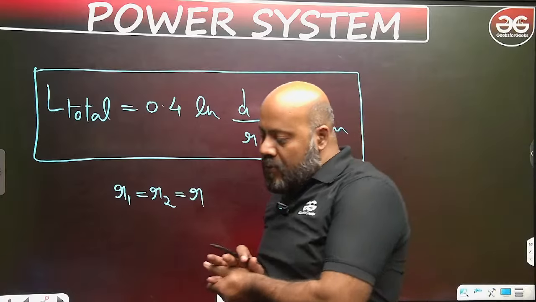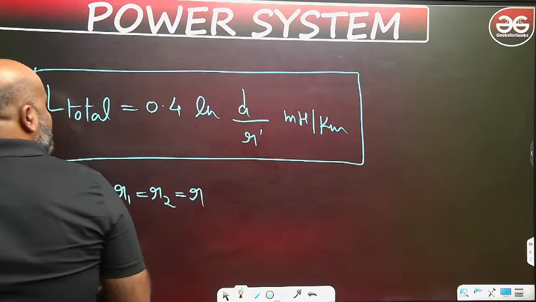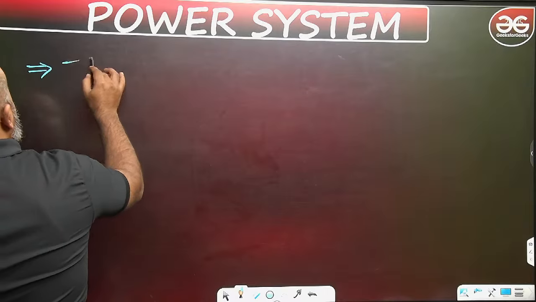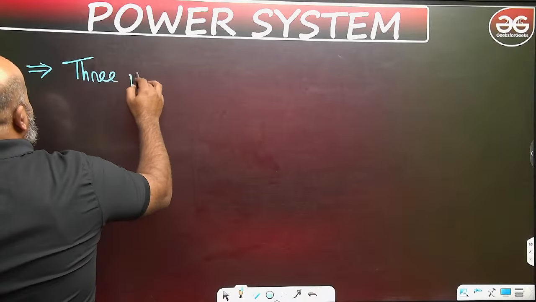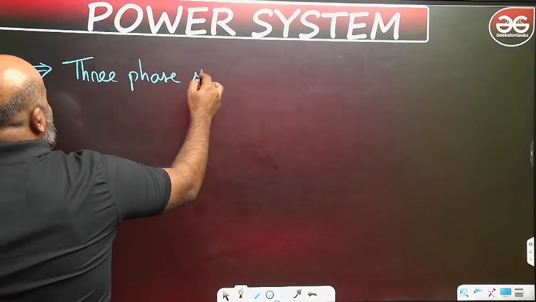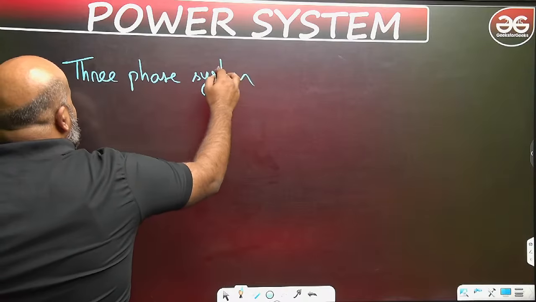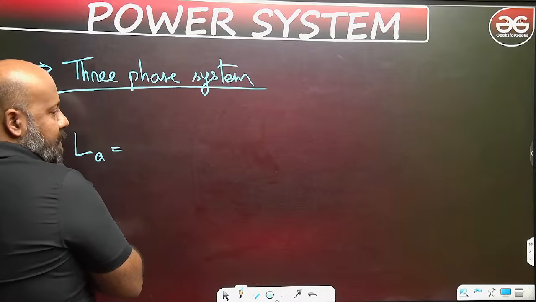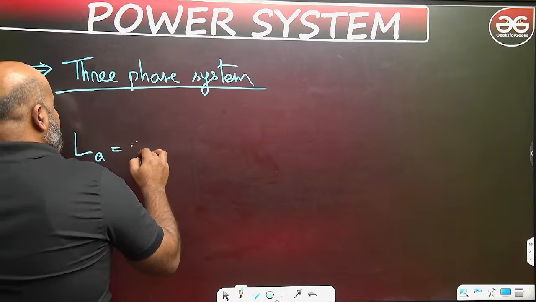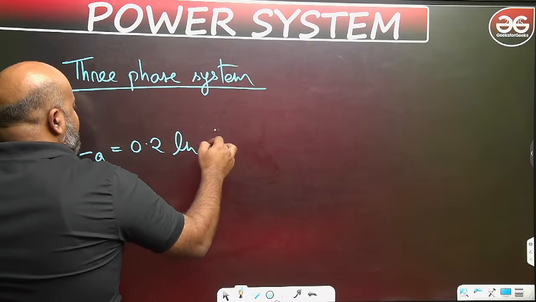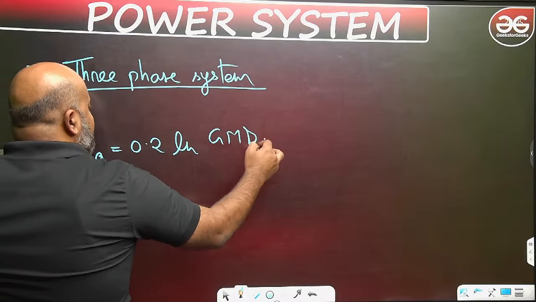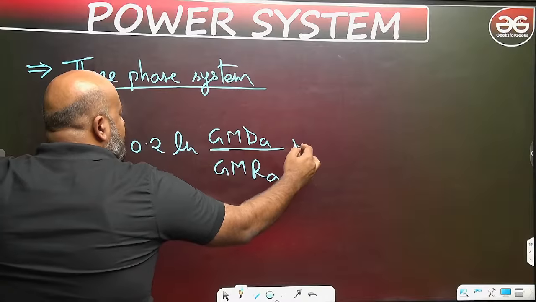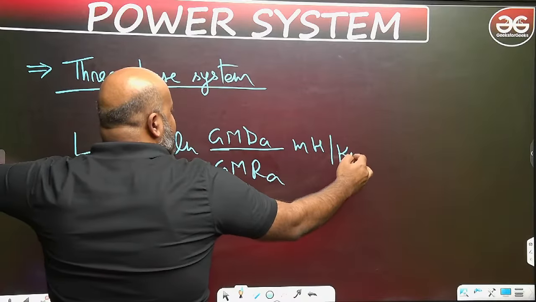Now if you talk about a 3-phase line, for a 3-phase system, if you are writing A phase inductance, how are you writing? 0.2 ln GMD_A upon GMR_A. This is millihenry per kilometer.